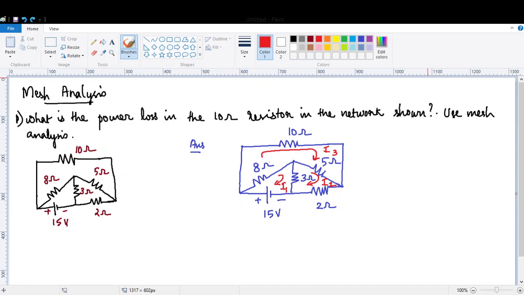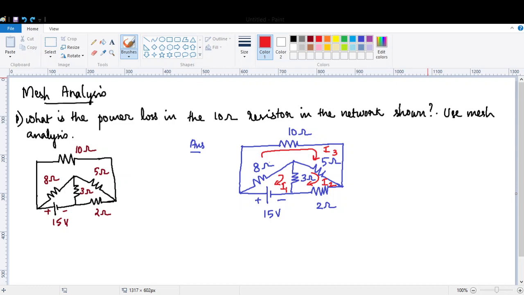The second loop is a closed loop which contains 5 ohm, 2 ohm, and 3 ohm, and the current flowing through that second loop is I2. The third loop is the closed circuit containing 10 ohm, 5 ohm, and 8 ohm, and the current flowing through that mesh or loop is named I3.